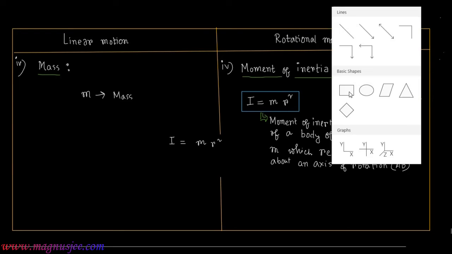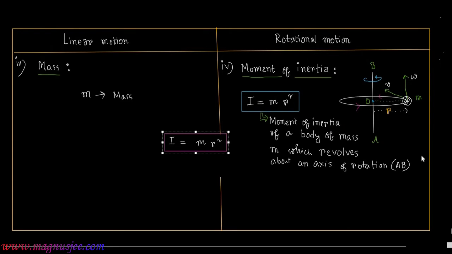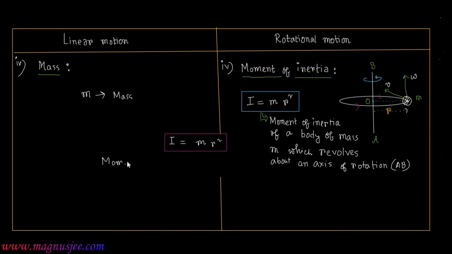I is the moment of inertia, which is equal to the product of mass and square of perpendicular distance of the body from the axis of rotation. That's why moment of inertia can be written as mass into (perpendicular distance of the body from the axis of rotation) square.